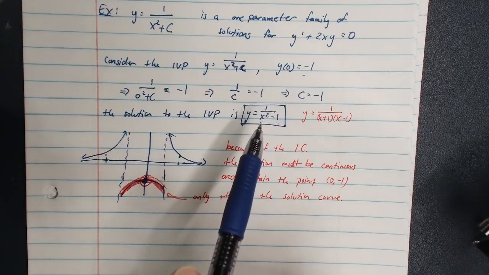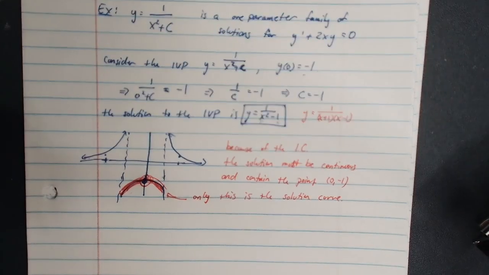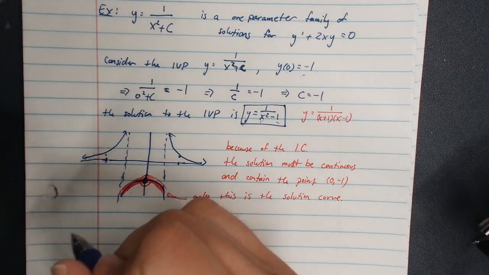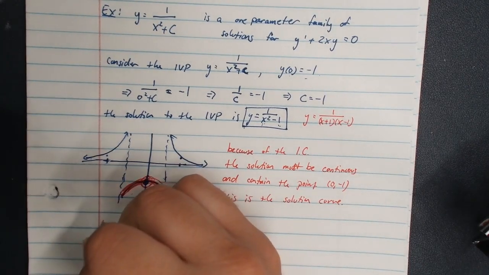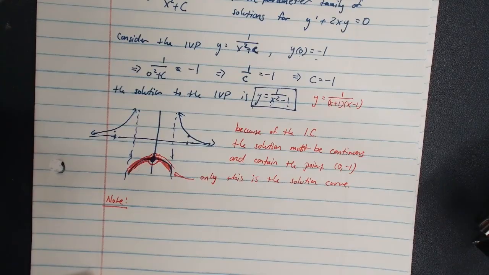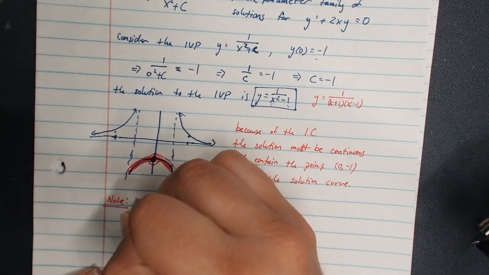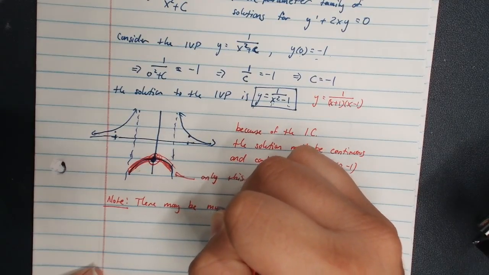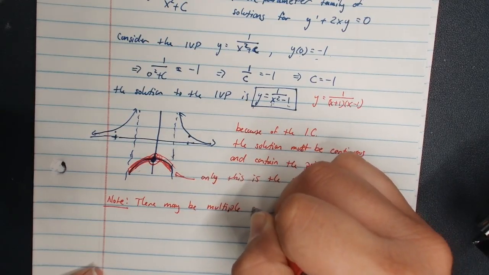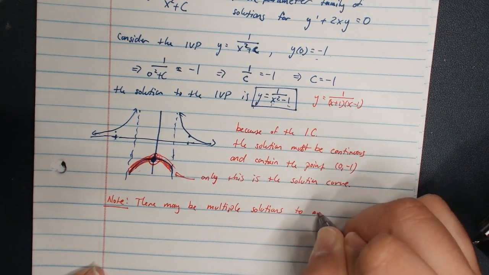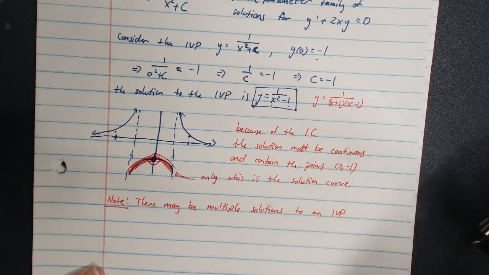Here, the last couple of examples make it seem like there's only one solution. That's often the case, but it's not necessarily the case. So here as a quick note, although it is common for it to be true that there's only one solution, that doesn't have to be true. There may be multiple solutions to an initial value problem.